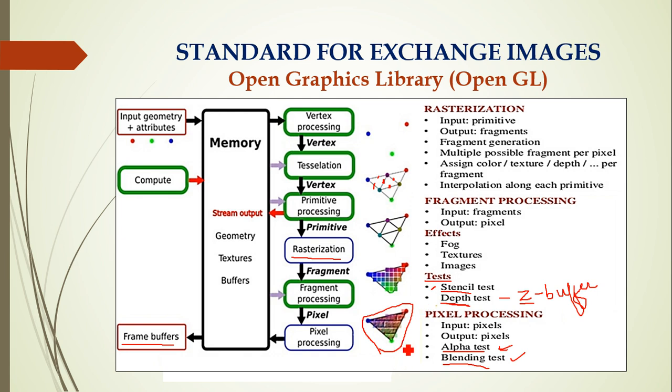This is the final stage, and after processing it is directly moved on to the frame buffer. A buffer means a storage area provided in your RAM, similar to the Z buffer and stencil buffer. The major purpose of the frame buffer is to run the images one by one.